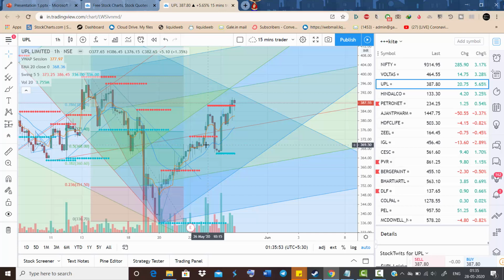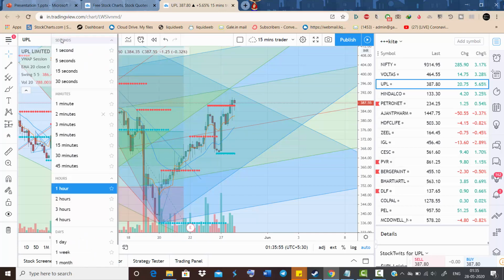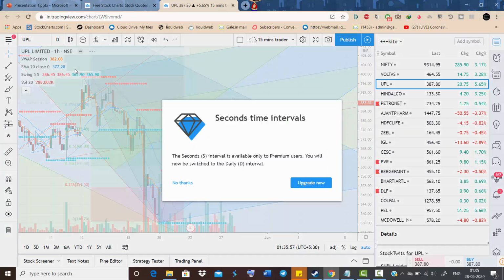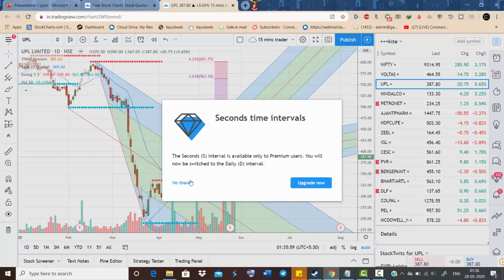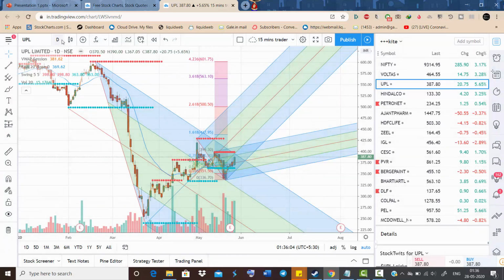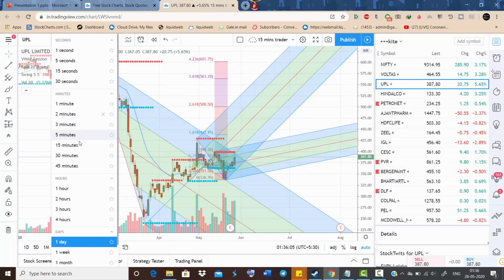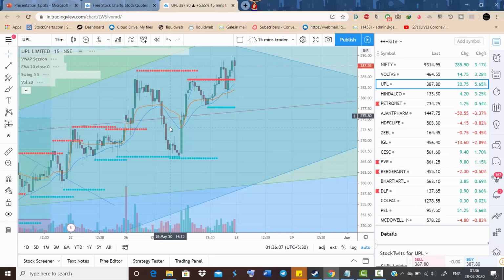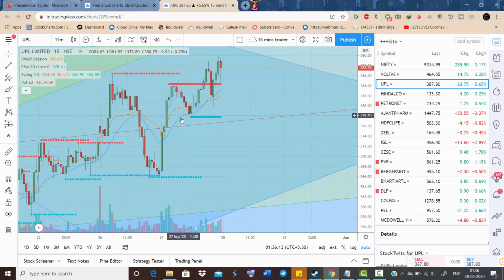The other one is VWAP trend following. Normally, we switch to the 15-minute chart, which is a kind of trend following. As the market opens, there's an opening range breakout, an inside candle, A to B happens, B to C happens.